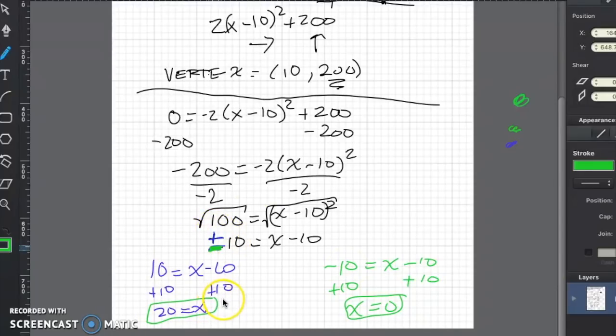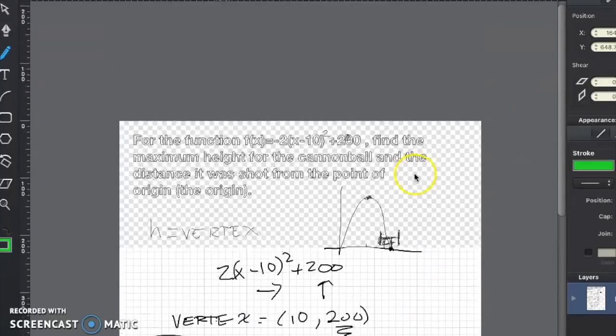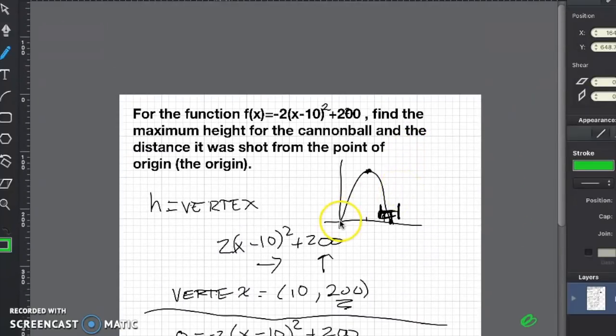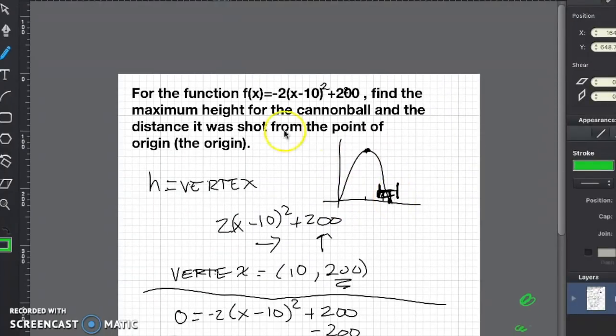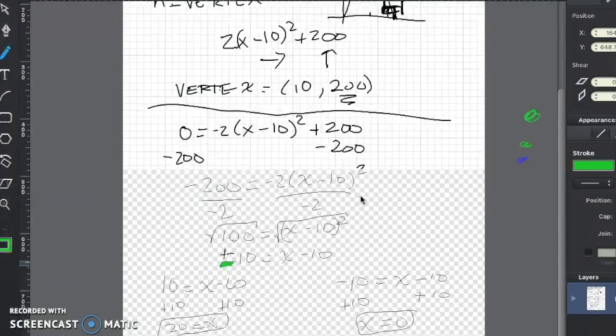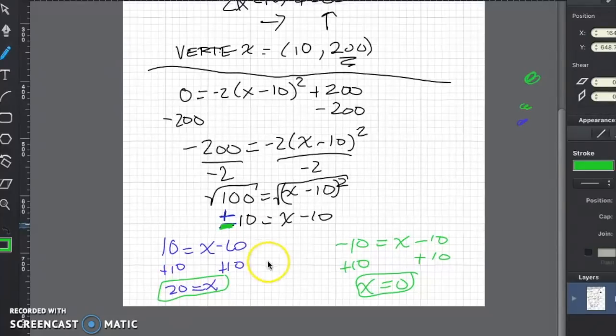So my two answers are 20 and 0. So obviously, we know that our cannon started from 0 on our graph, and it landed at 20. So the distance from our point of origin is going to be 20. So this will be the answer that we want. Okay? So thanks for listening. I'll catch you guys next time.